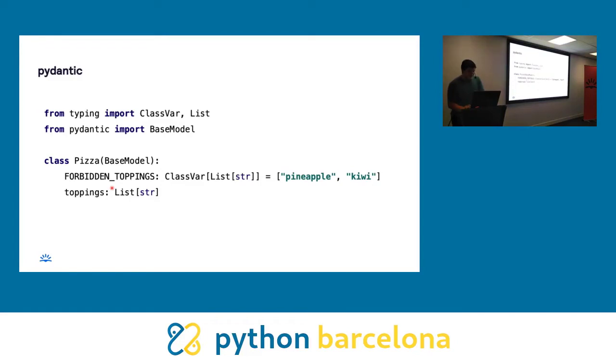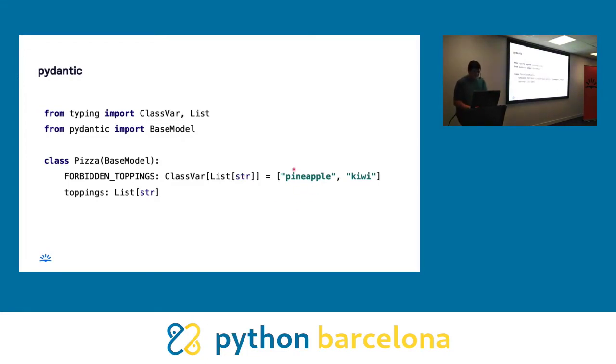For the forbidden toppings, we can see here a new type, and this comes from the Python typing library. ClassVar says that it's a variable of the class. And we said that it's a variable of the class of type list, and the list has a string or several strings.